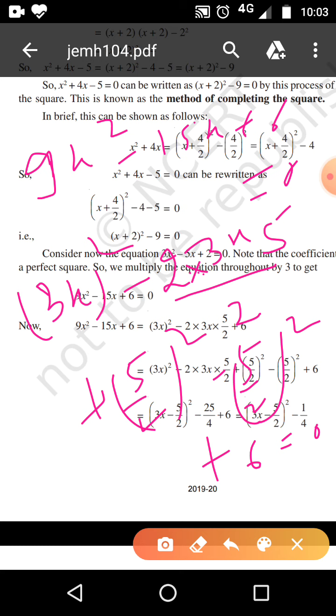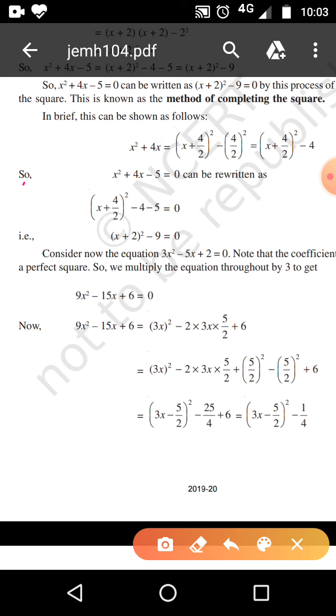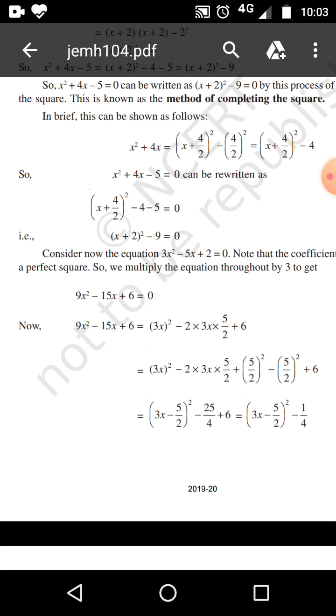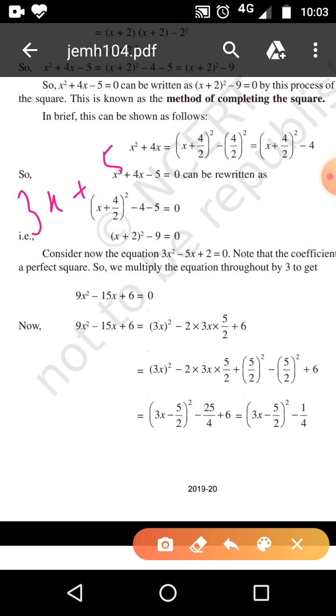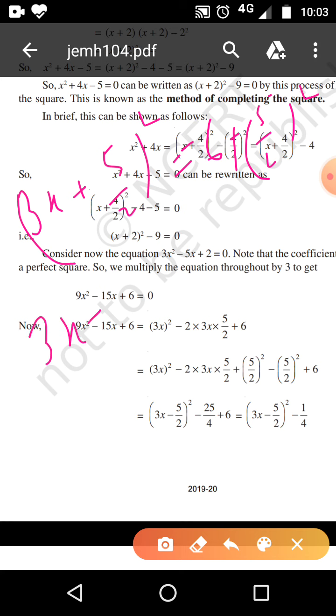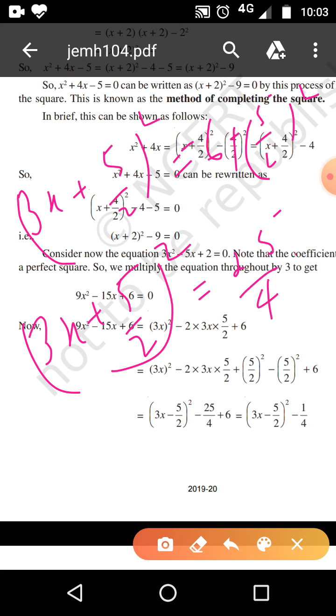So we can write it as 3x plus 5 by 2 whole square, and this is nothing but 5 by 2 whole square minus 6, sorry, minus 6 plus 5 by 2 whole square. So 3x plus 5 by 2 whole square is equal to 25 by 4 minus 6.